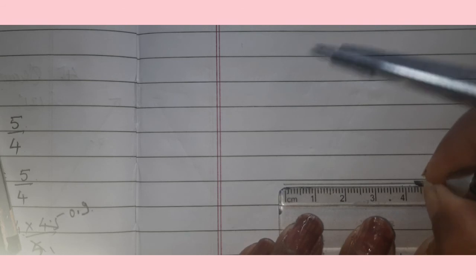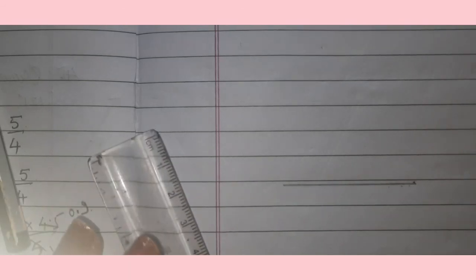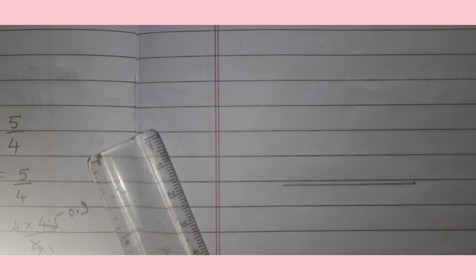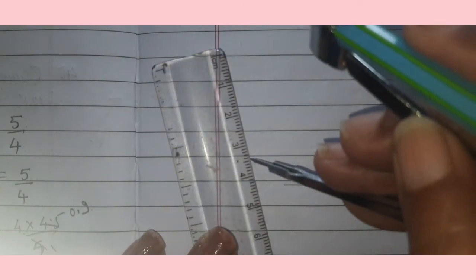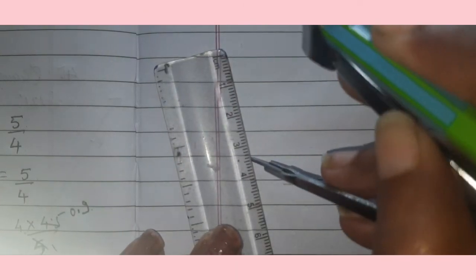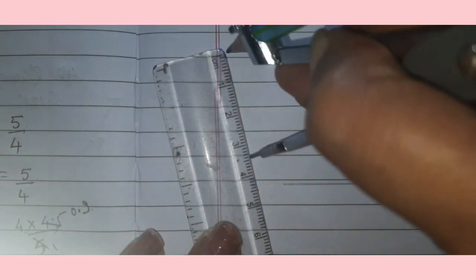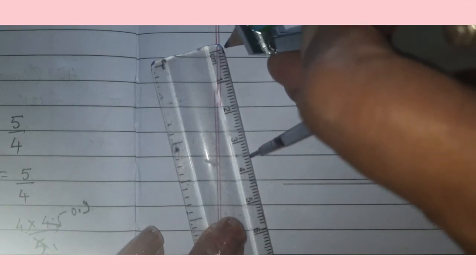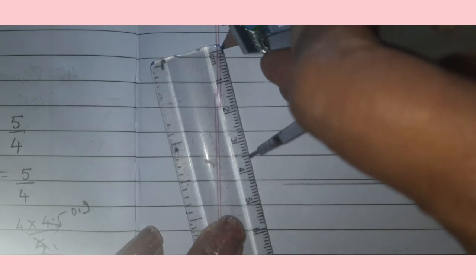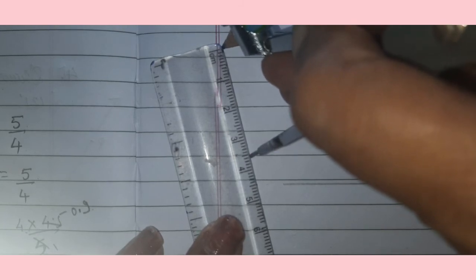Then I have to take the LN measure, that is 3.6 centimeter, in my compass. Check on it. Is it 3.6? Yeah.